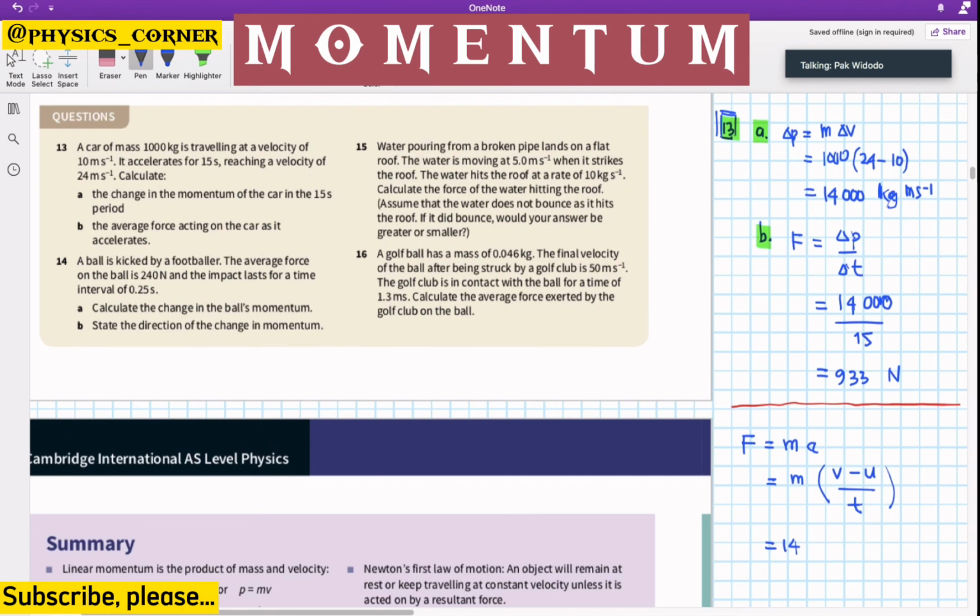So 1,000 times 24 minus 10 divided by 15.